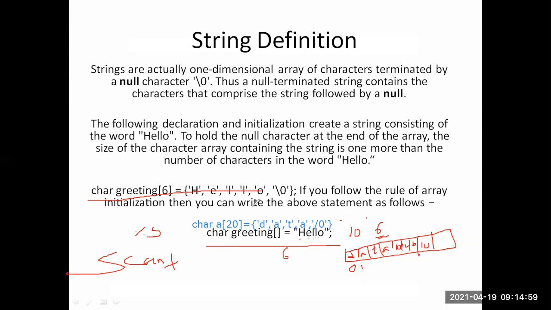We also represent characters. If you want to represent 9, you write int A equal to 9. It is an integer type. If you want to write it as a character type, you represent it in single quotation marks, which indicates that it is a character.